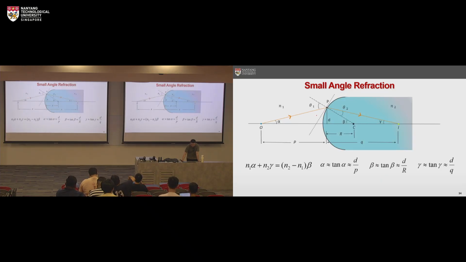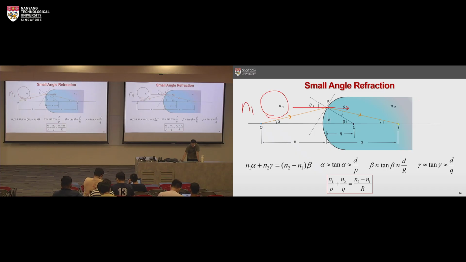Okay, so by taking consideration of light going into a different material, which means you need to take consideration of the refractive index, this is N1, this is N2. And then when you combine everything together, you get this equation.